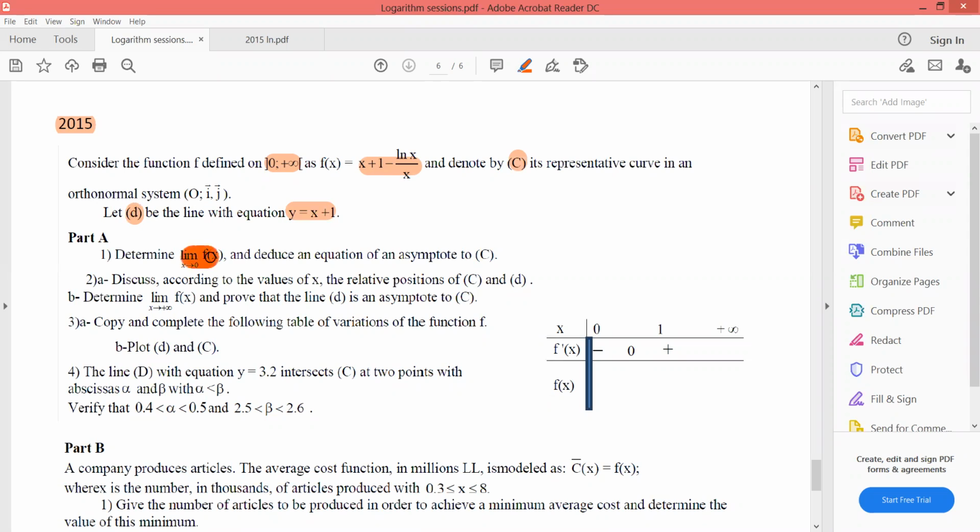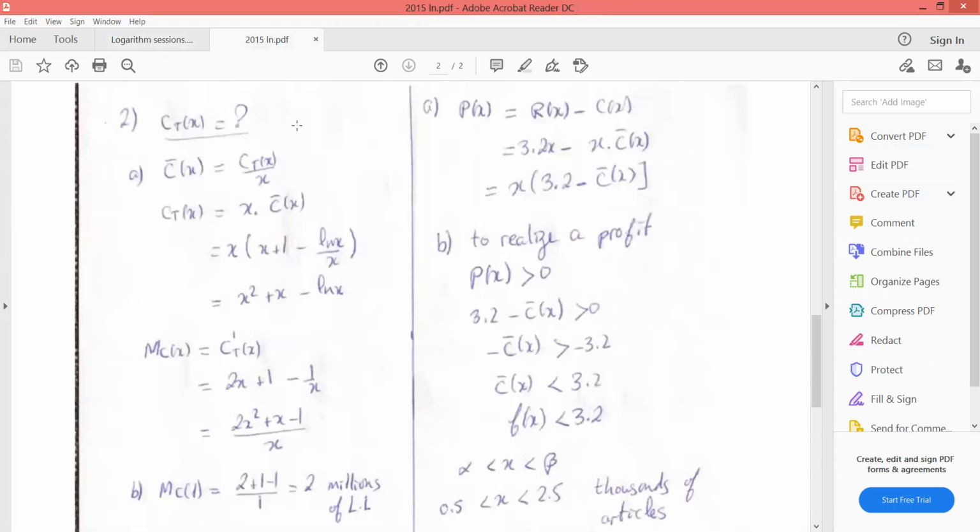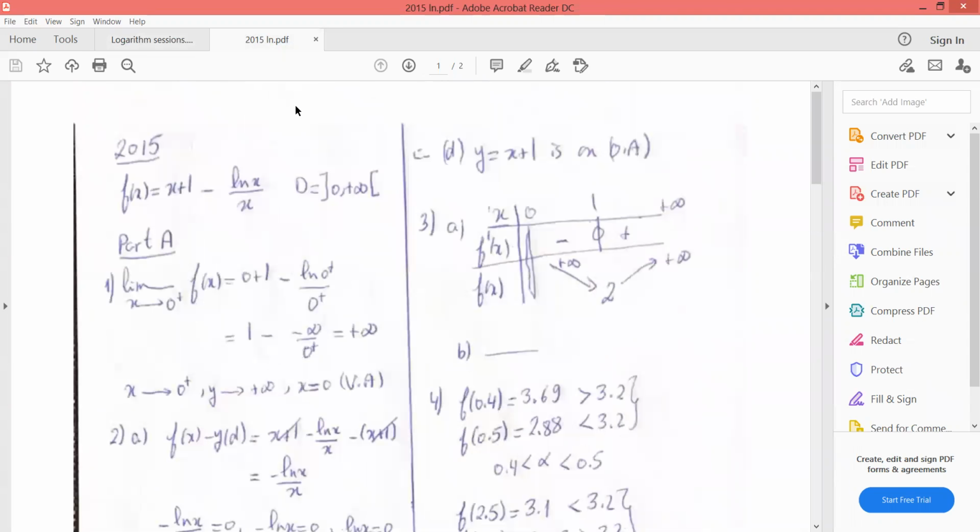What is the limit as x tends to 0? Who can tell me what's the limit as x tends to 0? We replace x by 0. Minus infinity. Let's check. The limit as x tends to 0 of f(x): we replace each x by 0.